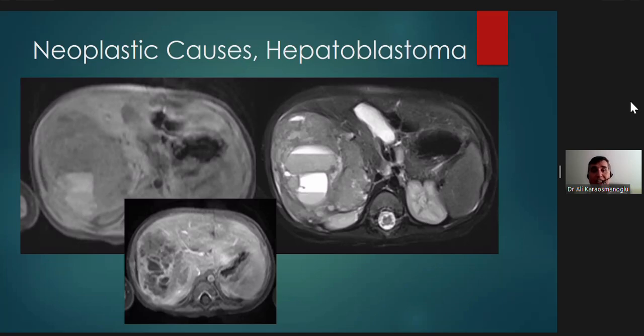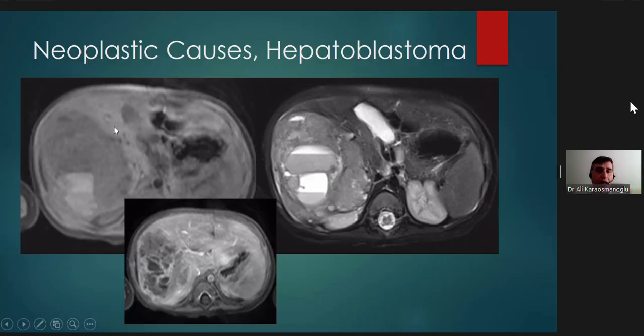So this patient has no known disease and presented to the ED with severe abdominal pain and mild hypotension. The on-call resident performed the ultrasound scan and saw a large mass in the liver with air-fluid levels. So the patient was referred to contrast MRI.